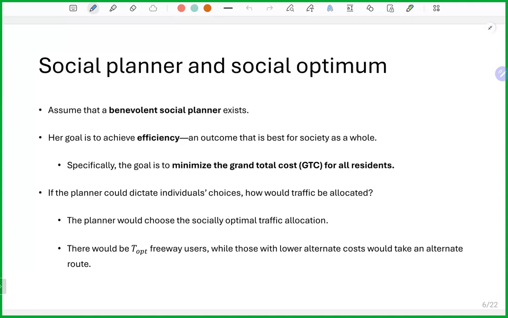So the planner's goal is to achieve efficiency. In economics, efficiency means the maximization of the total welfare or the minimization of the total cost. That's what we call efficiency. And then the society pursues two goals. One is efficiency, and the other is equity.